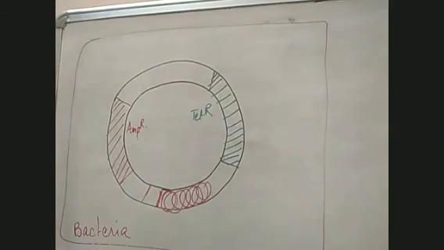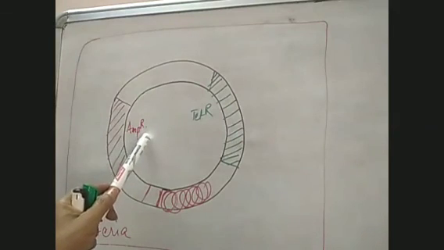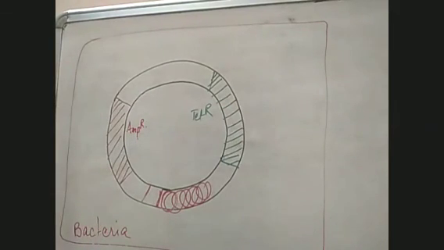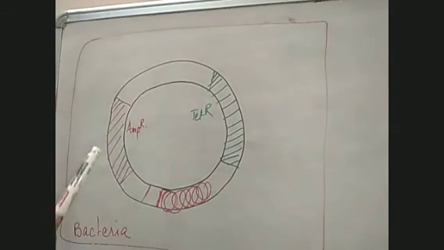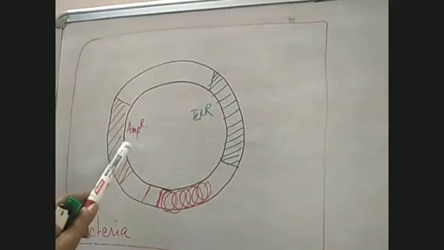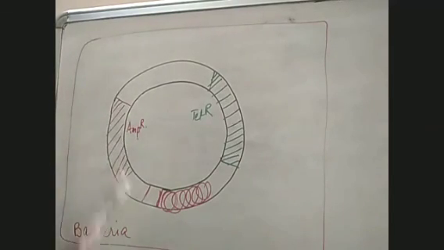See, it has got ampicillin resistance. It will survive, yes. Why will it survive? Because it can withstand ampicillin. It has got resistance for ampicillin. So if this vector is in a bacteria and this bacteria is picked up and grown in a medium with ampicillin, it will not die.